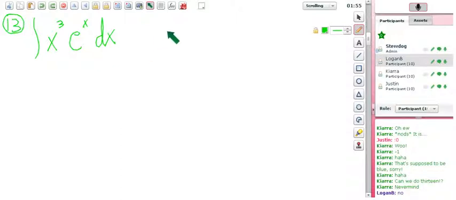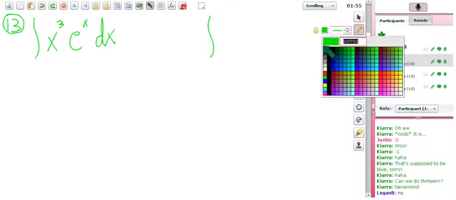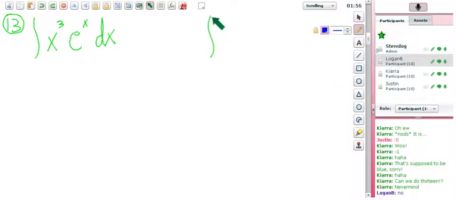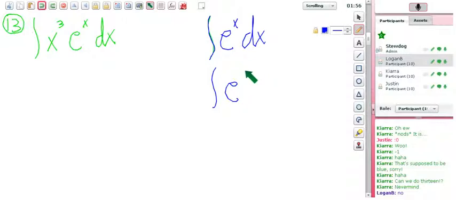If it did work out, and let's say we had e to the x, then this would need to be dx, because it needs to be the derivative of the exponent.